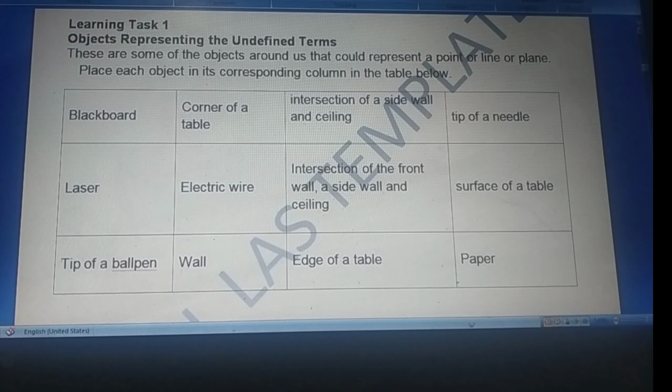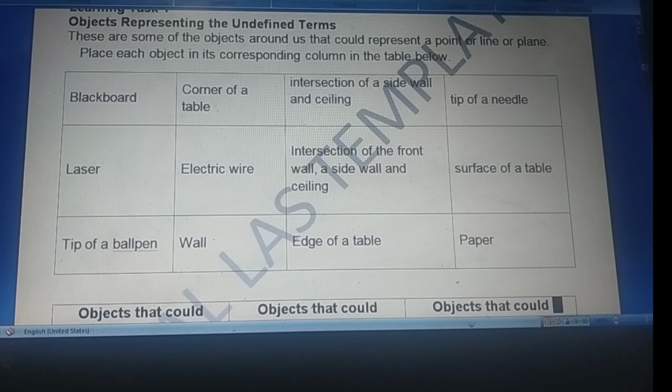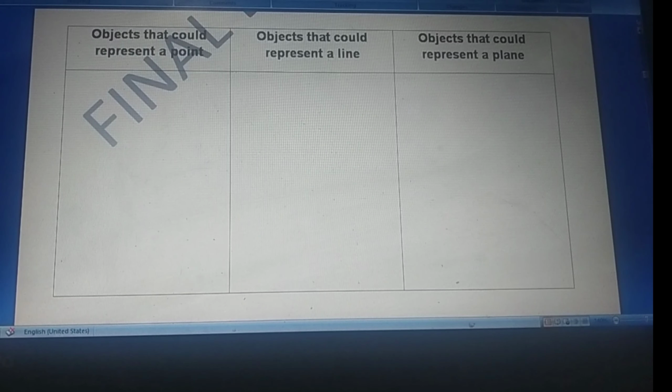These are some of the objects around us that could represent a point or line or plane. Place each object in its corresponding column in the table below. So these are the objects that you're going to put under the column that represents a point, line, and a plane.